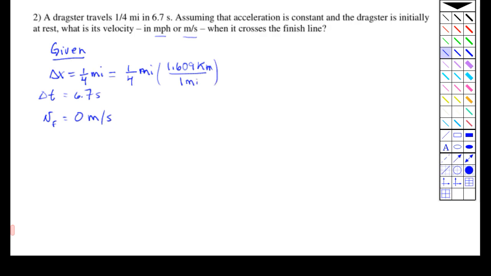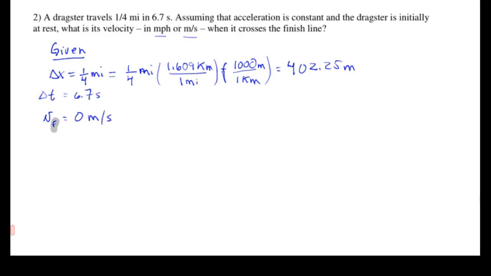And again, we have to then convert the kilometers to meters, and 1 kilometer is 1,000 meters. So we should get 402.25 meters.